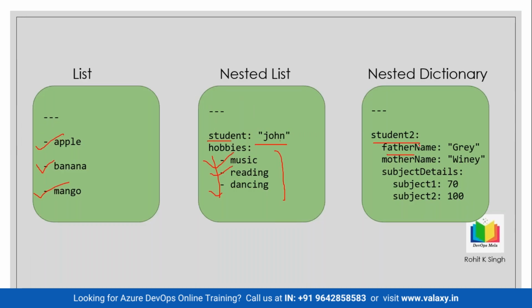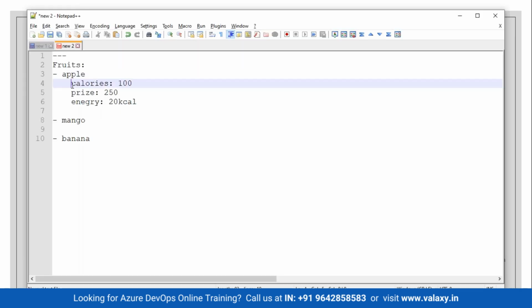This is what a nested dictionary is. You got student 2, father name is Gray, mother name is Wine, and subject details are given as key value pairs. Subject 1, subject 2. Two spaces is constant, Prashant? Yes, that's correct. So in YAML, you need to keep a practice of giving two spaces whenever you're defining child values, child properties.